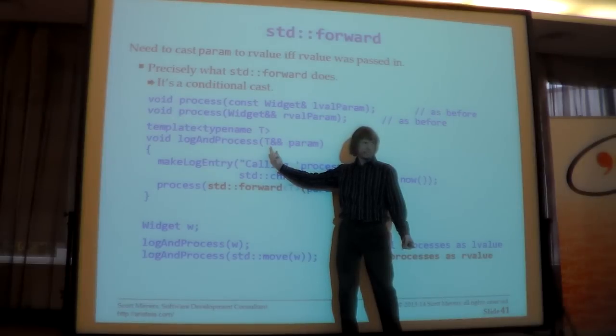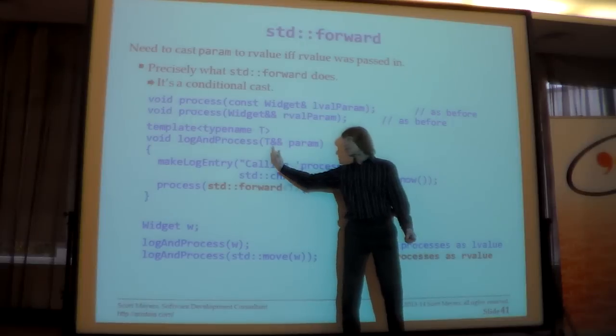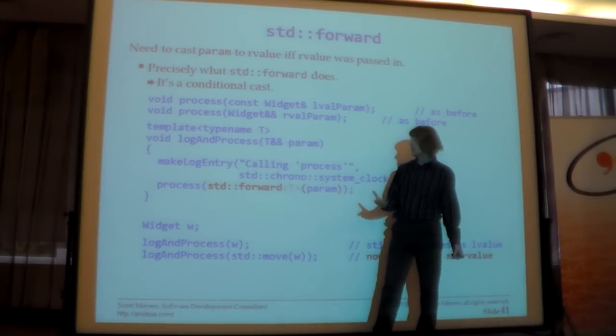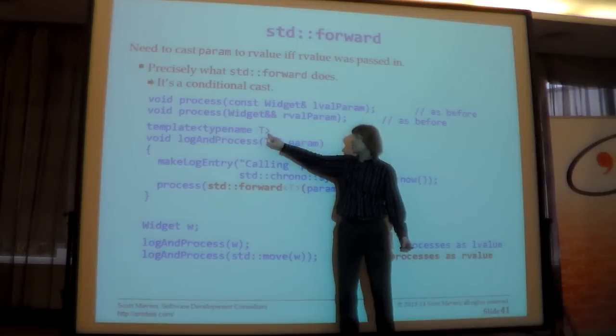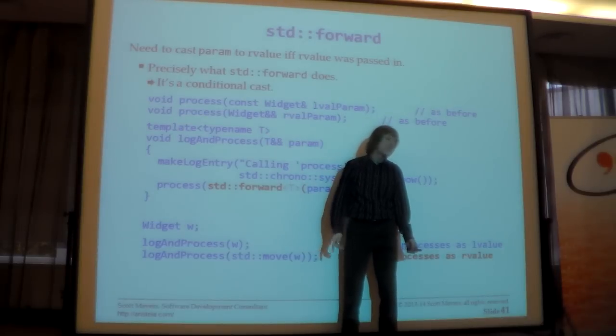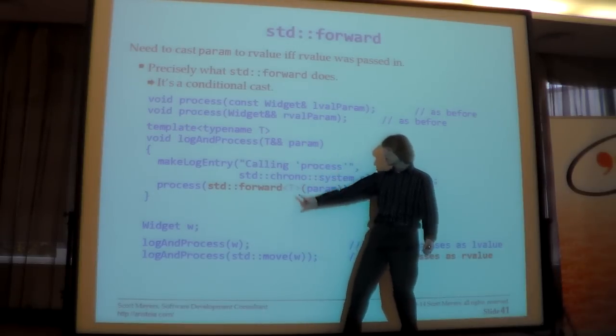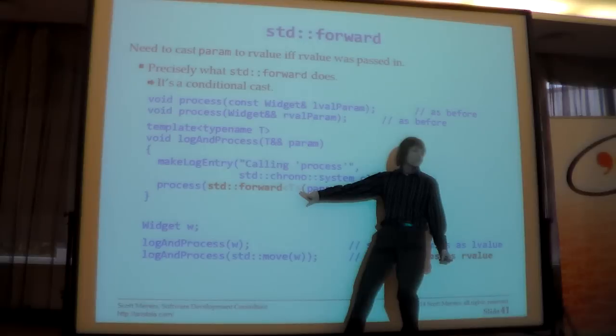Does that make sense? If somebody passed me volatile, the same thing would happen here. The other thing that is preserved is if an L value is passed in, this type will be a reference. If an R value is passed in, the type will be a non-reference. And that information is used by forward in determining whether to perform the cast.